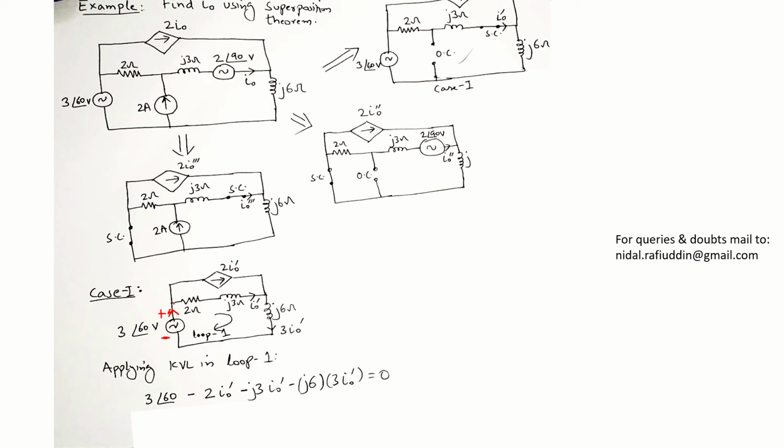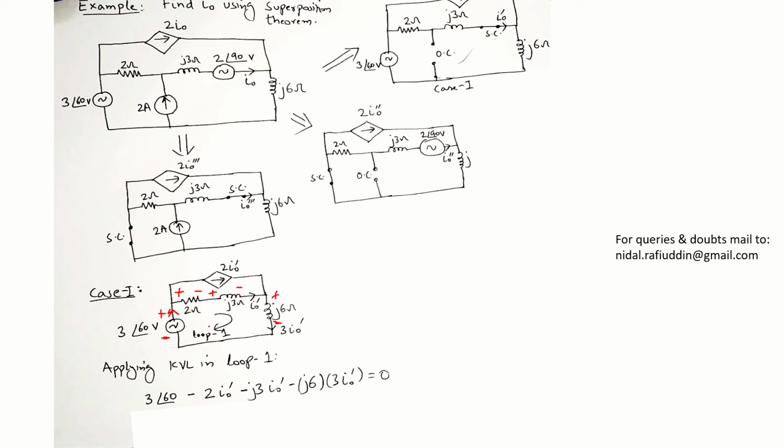Part of this 3 I naught dash goes through this branch as I naught dash, and 2 times I naught dash passes through the other branch. Since the direction of current is from left towards right in this branch, we'll take this as positive and this as negative, and likewise for the others.